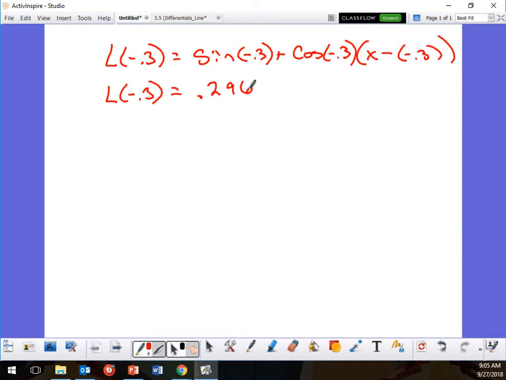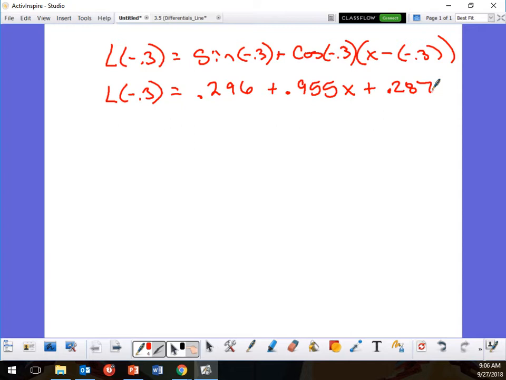And plus 0.955. Is there an x here? Oh yeah. And then times 0.3, which would be 0.286 or 0.287. Plus 0.287.